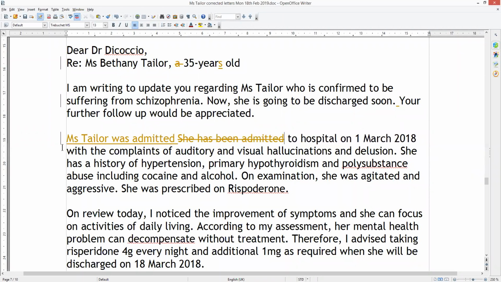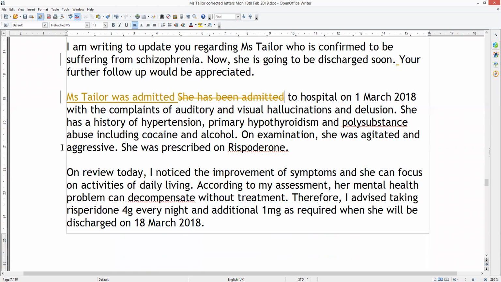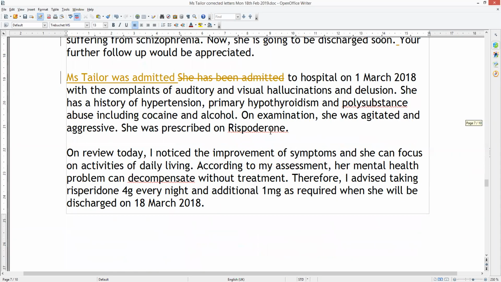Miss Taylor was admitted to hospital on the 1st of March 2018 with complaints of hallucinations and delusions, hypertension. Okay. Agitated and aggressive, bit short sentence. Agitated and aggressive. So was prescribed Risperidone.